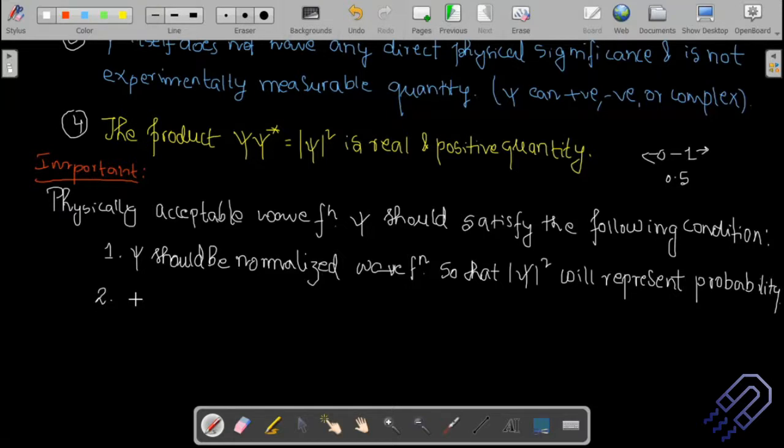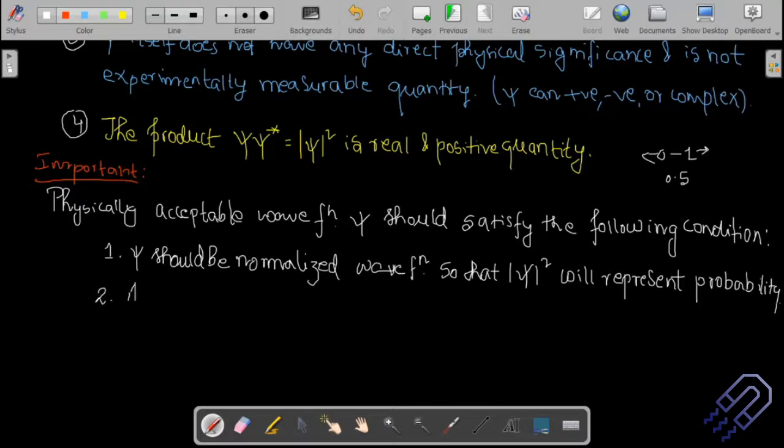If it is 1, 100% probability of an event occurring. So if I'm saying that there is a wave function existing within a certain region, I know for sure 100% that the particle will be there, right? So 100% means 1. That means the total probability should always be equal to 1, and that's the reason that we should actually normalize the wave function. Psi should be normalized. That's a very important point. Okay. Next.